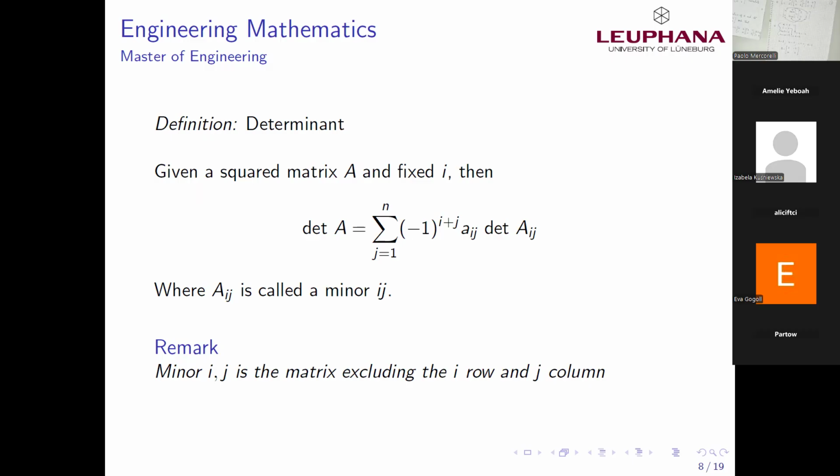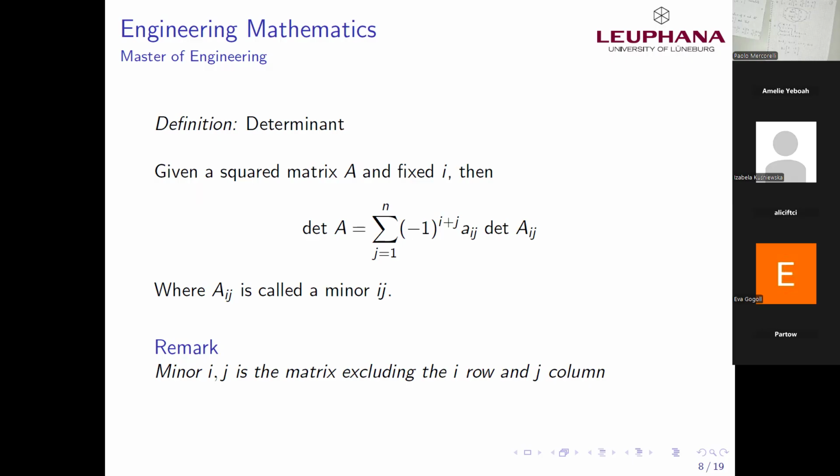This is enough, because you remember that square means number of rows equals number of columns. I don't know if I told you or if it's written somewhere, probably yes. But anyway, if I didn't tell you, I tell you now.